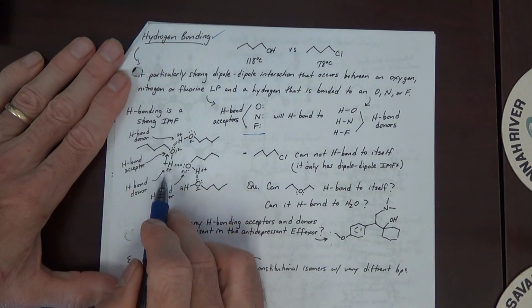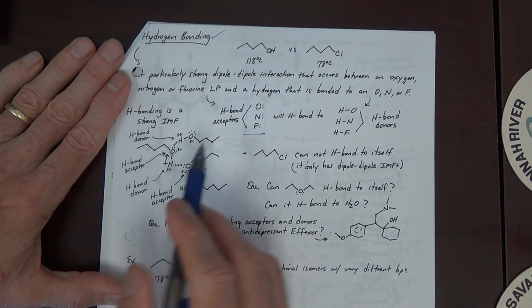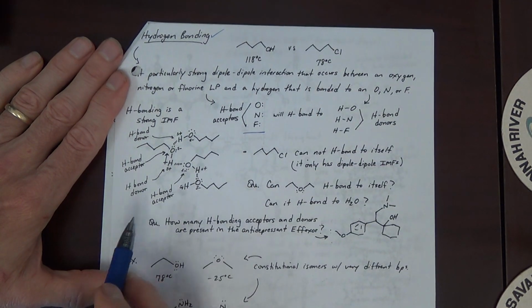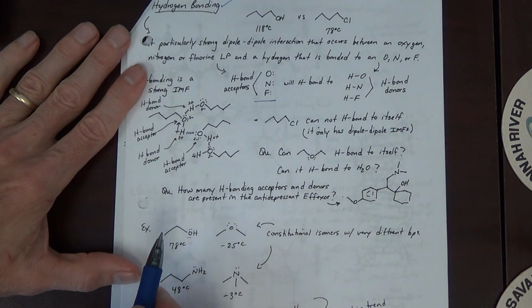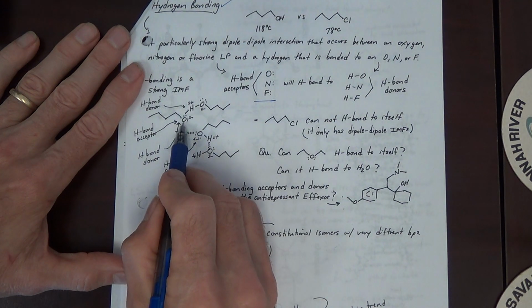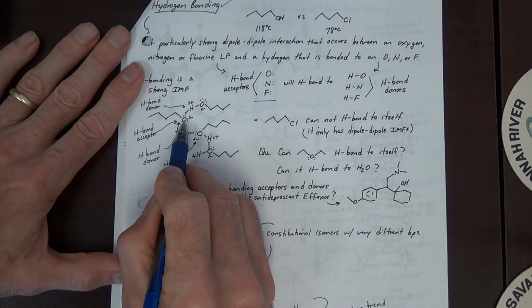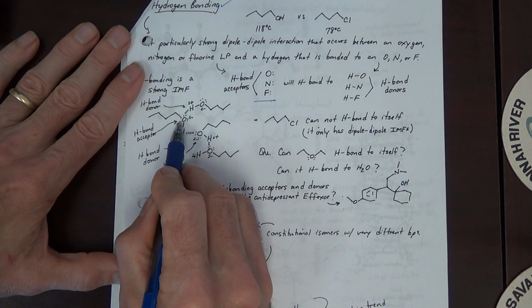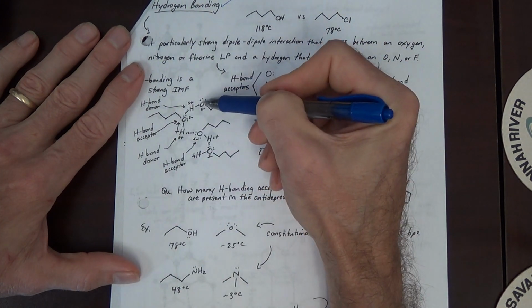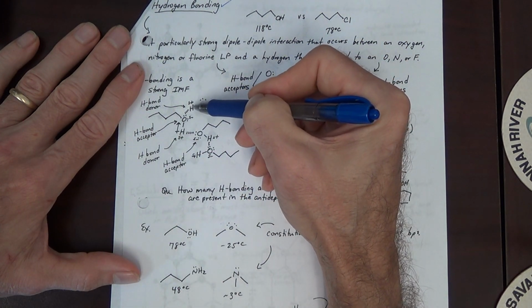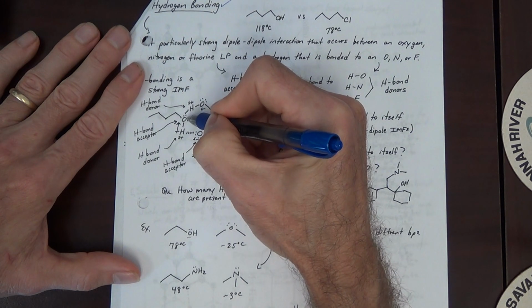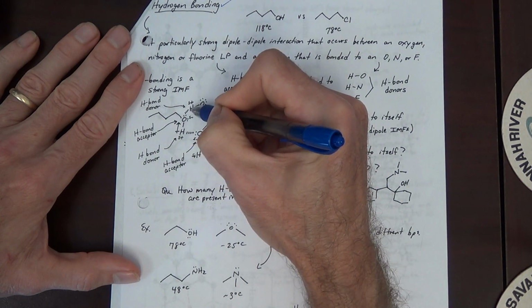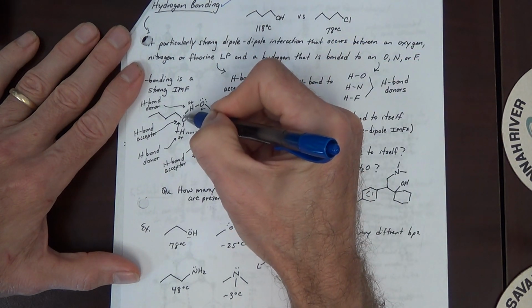And here we show the hydrogen bonding network that is possible for the alcohol. So here the lone pair on the oxygen is acting as an acceptor, and the H that's on the oxygen is acting as the donor, and there is a non-covalent interaction between the two, the so-called hydrogen bond.